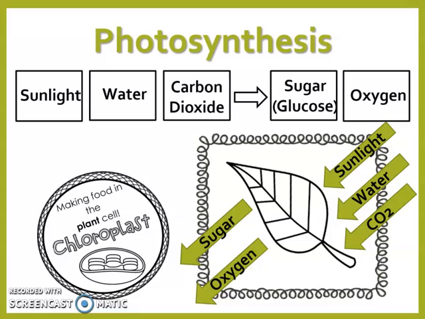Maybe it goes to the roots. Maybe it goes to the stem or the flower or wherever. And then off to the left, you can see that this is all happening in the chloroplast. Throwback to our cells unit, because it is important to remember it all happens in the chloroplast. It's the only reason plants are able to do photosynthesis.